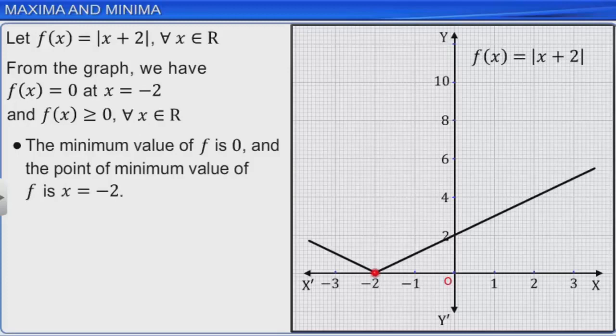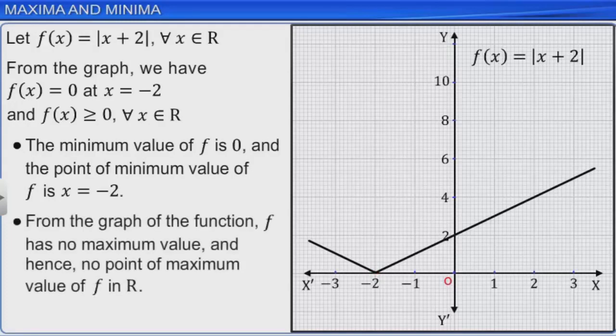Also observe that the function f has no maximum value in the set of real numbers, and hence no point of maximum value in the set of real numbers. However, if we restrict the domain of function f to some closed interval, then its maximum value also exists.